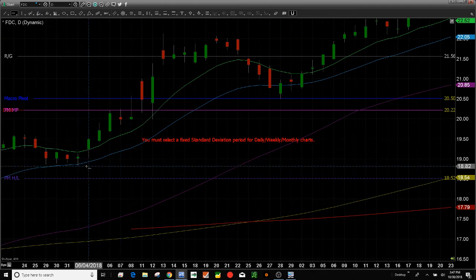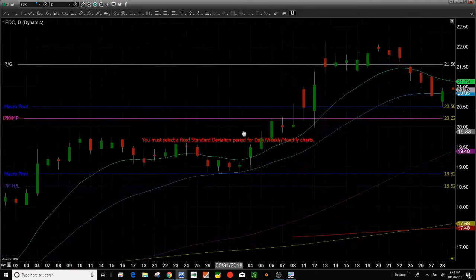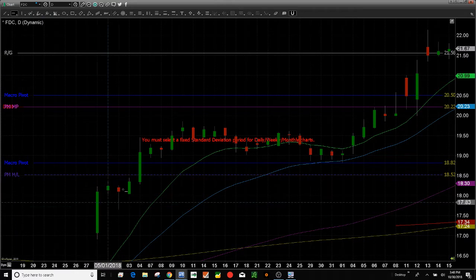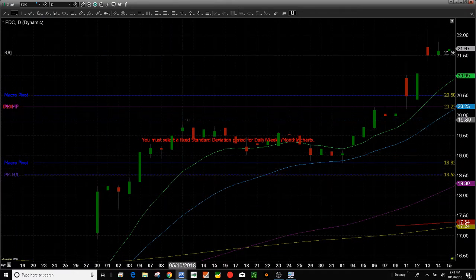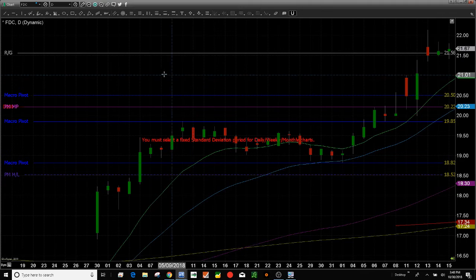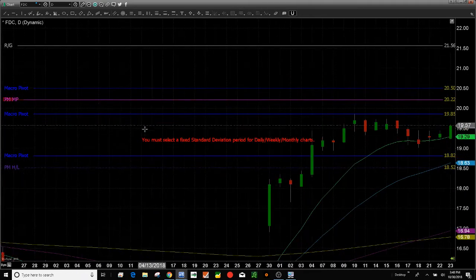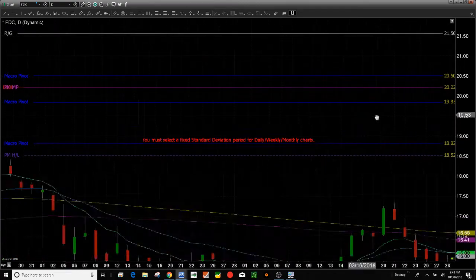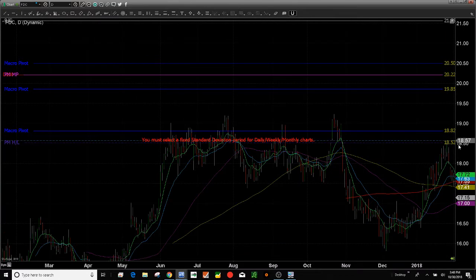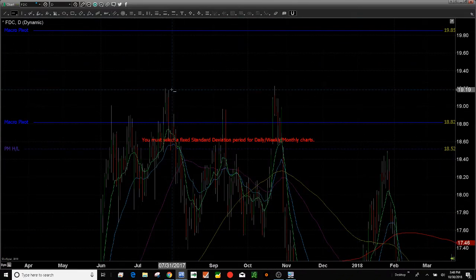We have a level right here at 1882. And then we have this level right here. It goes up and comes back down. This is a macro pivot right here, 1985. And let's go back here a little bit further. See if we got any action. And we do have some action here.